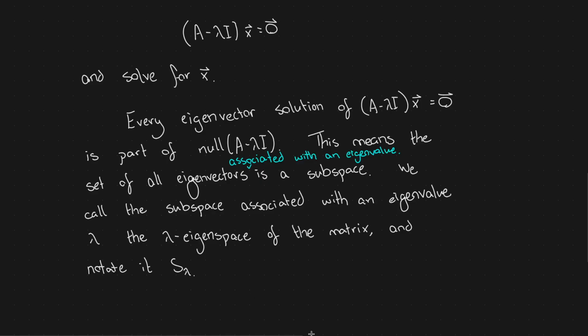Okay, so the set of all eigenvectors is a vector subspace. The set of all eigenvectors associated with a particular eigenvalue, we call it the eigenspace. The eigenspace is just all the eigenvectors associated with a particular eigenvalue.